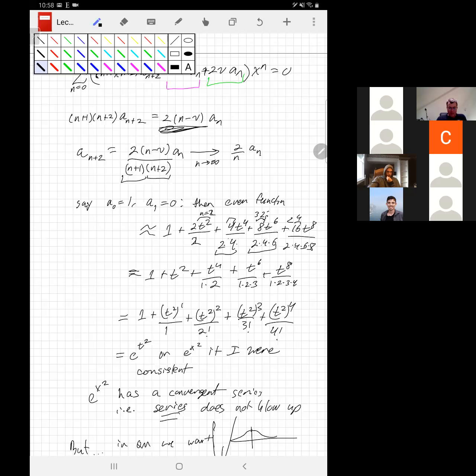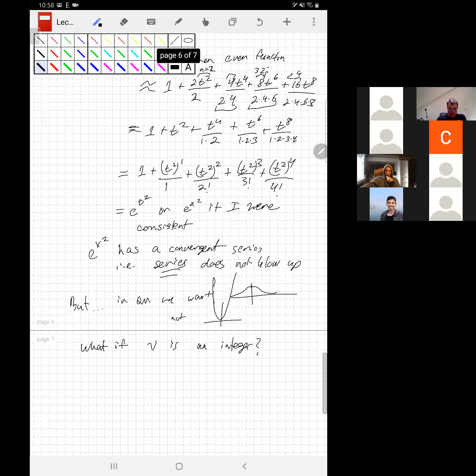a_(n+2) equals 2 times (n minus nu) times a_n, over (n plus 1)(n plus 2).